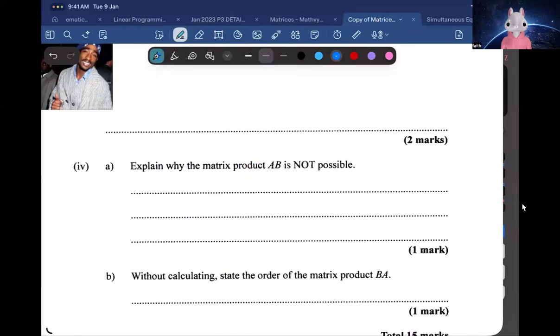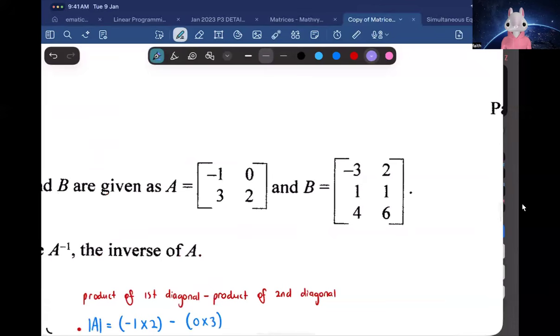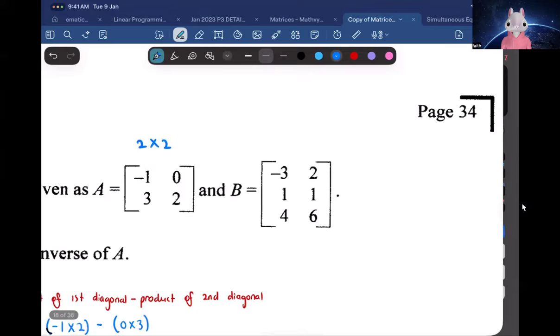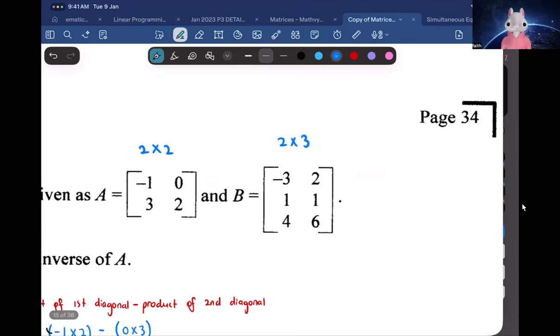Explain why the matrix product AB is not possible. A by B. What is the order of matrix A? It's 2 by 2. And matrix B is what kind of matrix? Somebody said 2 by 3, right?